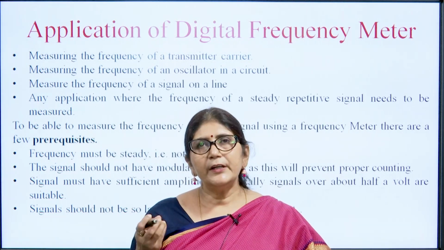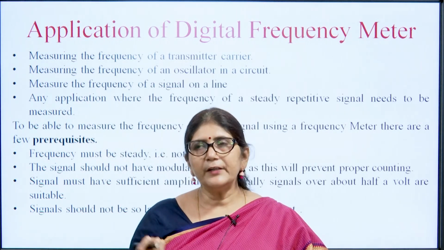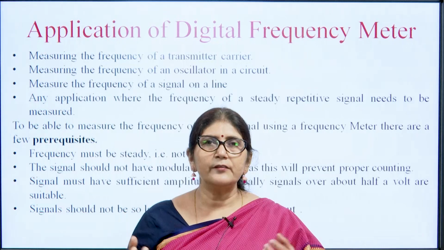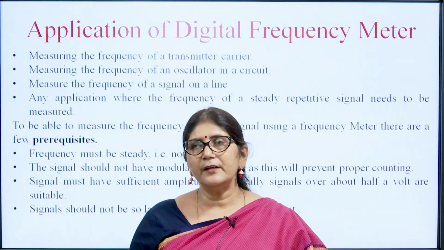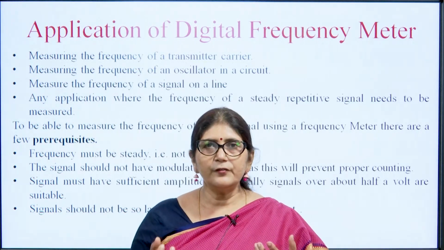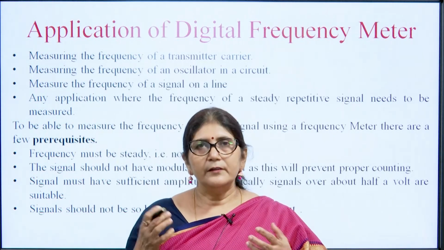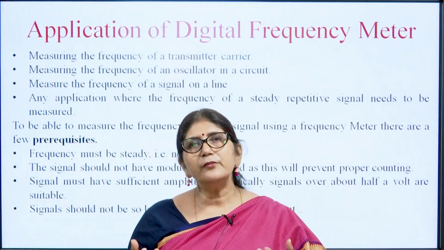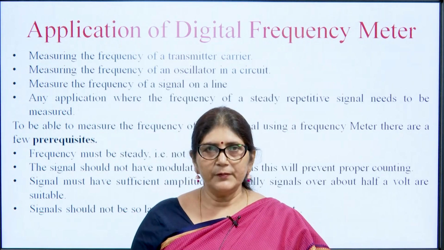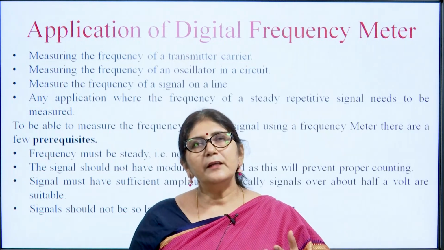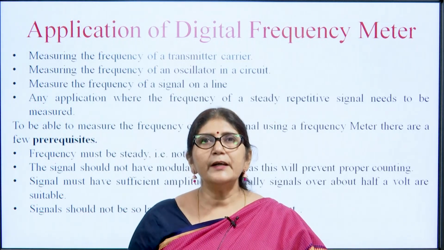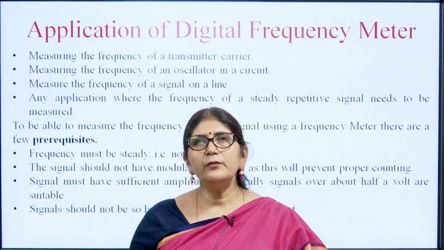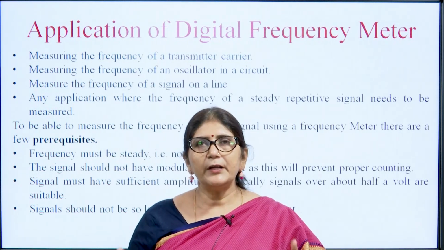We can measure the frequency of the line signal when electricity is supplied, to check whether the supplied electricity has a frequency of 50 hertz or not. So, we can check that value using a digital frequency meter, or any frequency meter. Then we can measure any type of steady repetitive signal frequency by using a digital frequency meter.